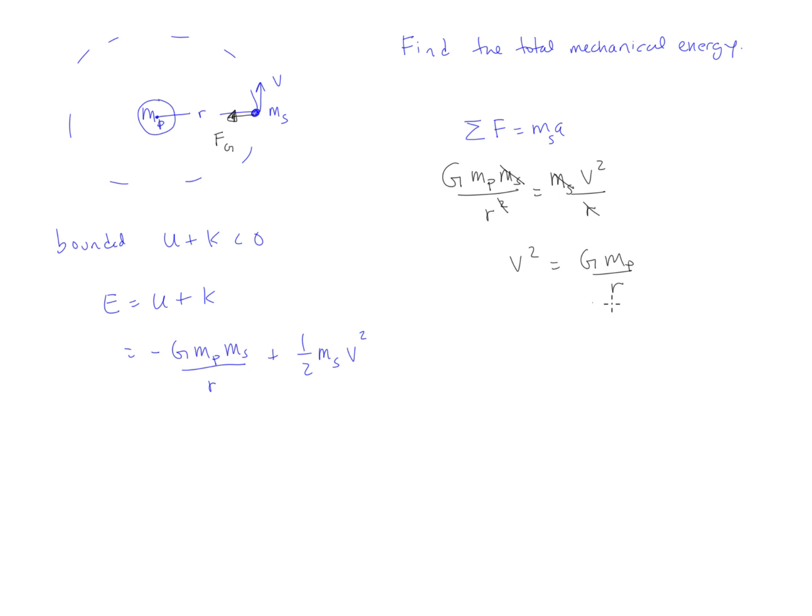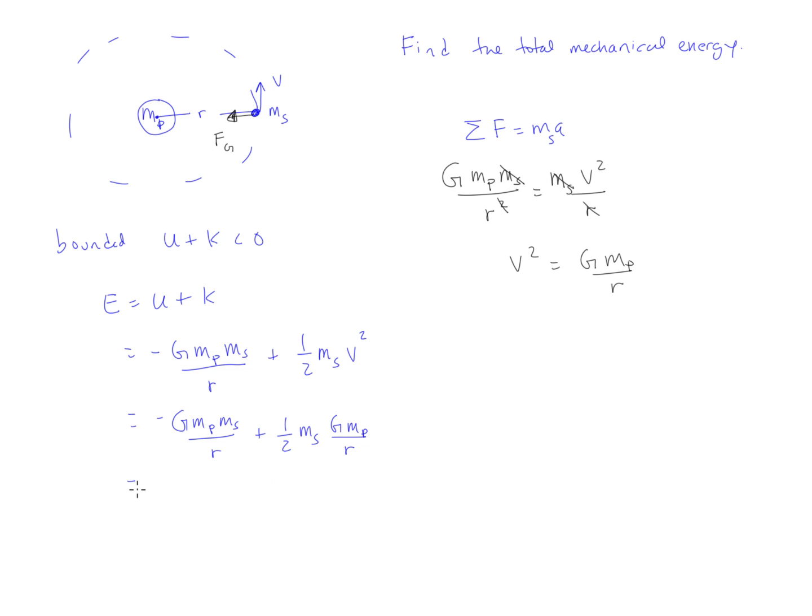So we can now plug this into our energy equation. I get the total energy is minus G, mass of the planet, mass of the satellite divided by r, plus 1/2 mass of the satellite times G, mass of the planet, over r.